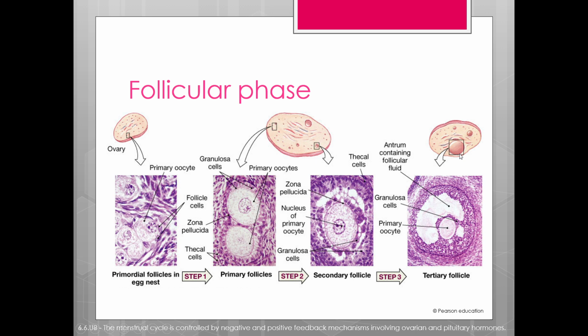This is a really large bubble within the ovary. What you can see on these diagrams here and on micrographs are subsequent stages of follicular phase. So the follicle growing with oocyte inside.